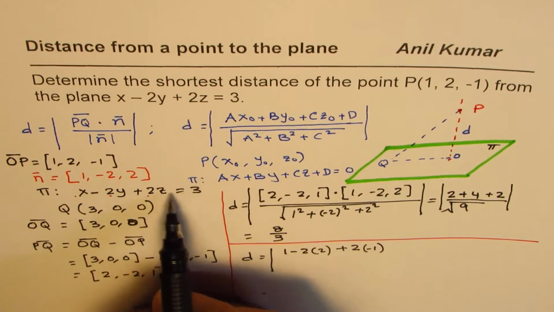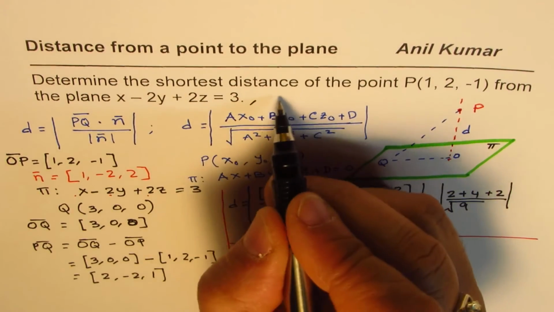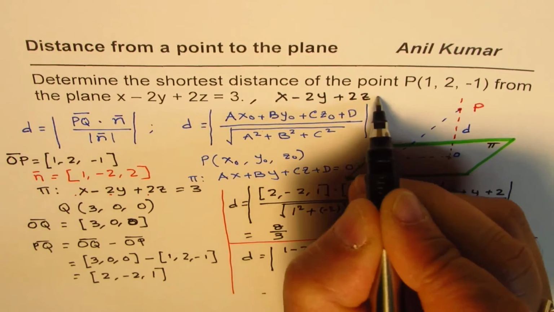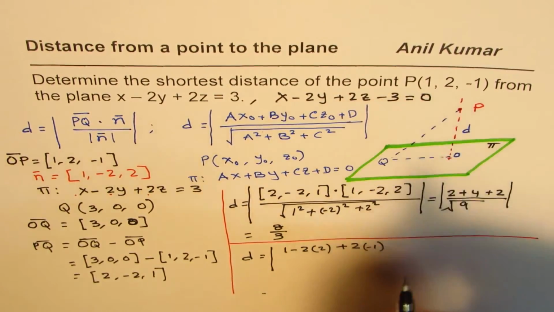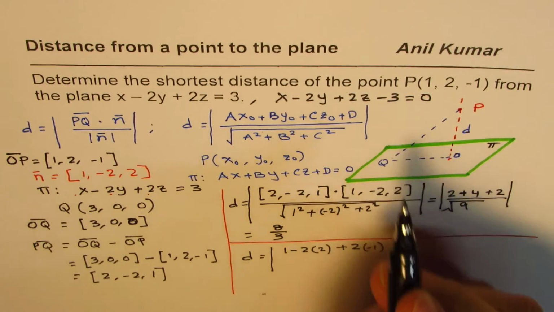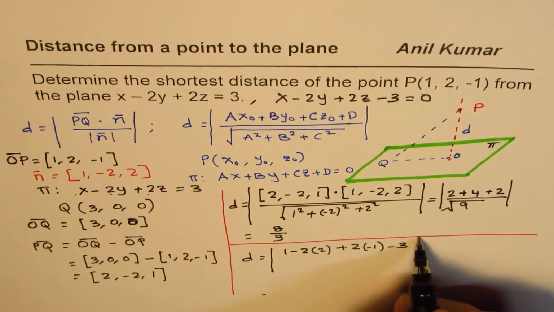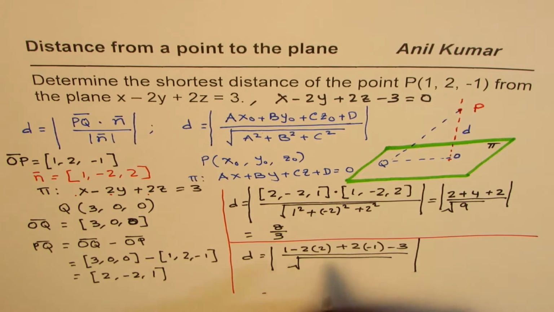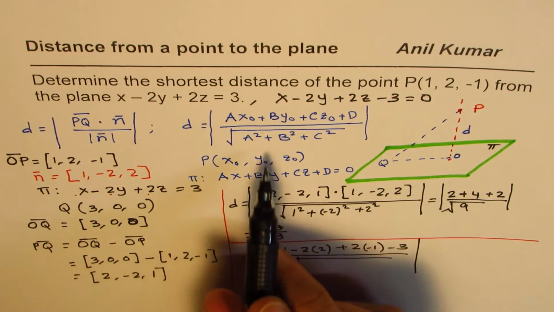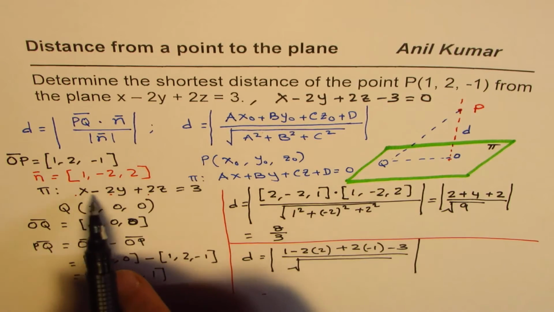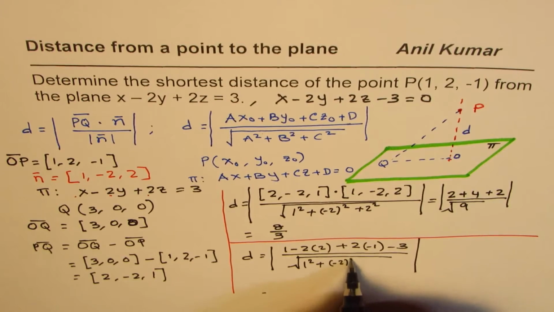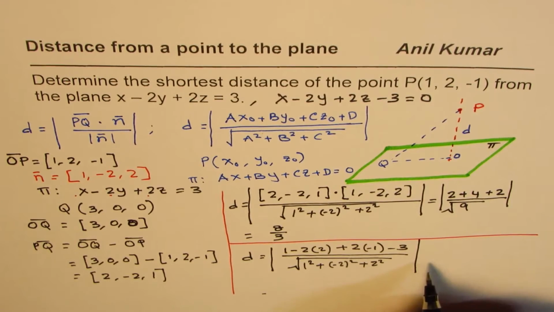And we'll bring 3 to this side. So I should write this equation as x minus 2y plus 2z minus 3 equals 0, right? So we get this, and minus 3, divided by the square root of the same thing, a square, b square, c square, which is actually the normal. So 1 square plus minus 2 square plus 2 square.